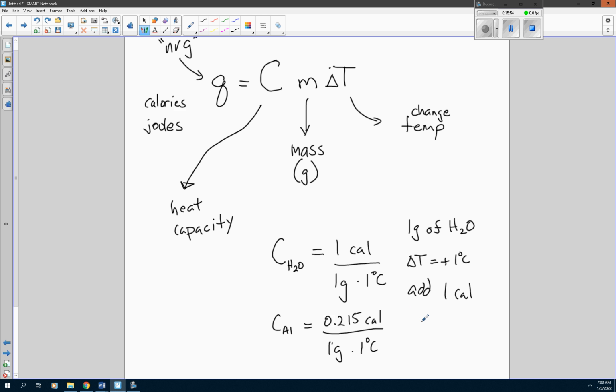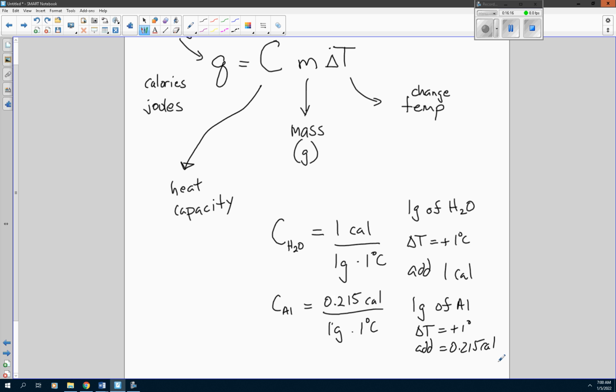What this means is if I had a similar 1 gram piece of aluminum and I wanted its temperature to go up by 1 degree Celsius, a delta T of positive 1 degree, I would have to add 0.215 calories of energy in order to make that happen.